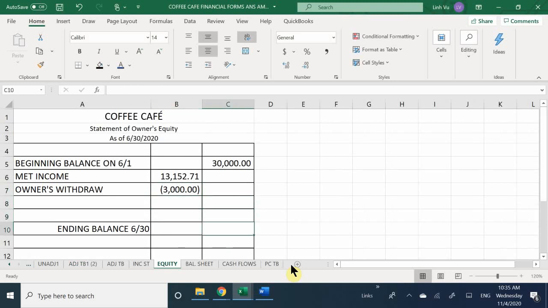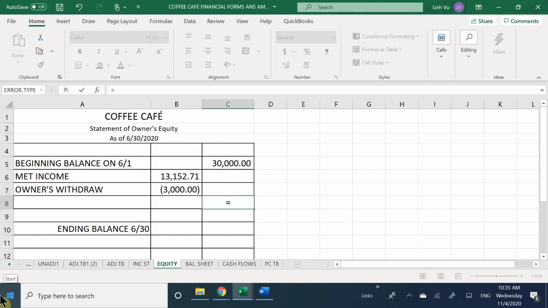So with that being said, I'm going to go ahead and total up my total increase in equity. So it's going to be the $13,152.71, obviously minus the $3,000.